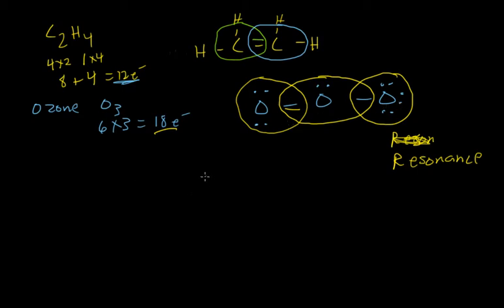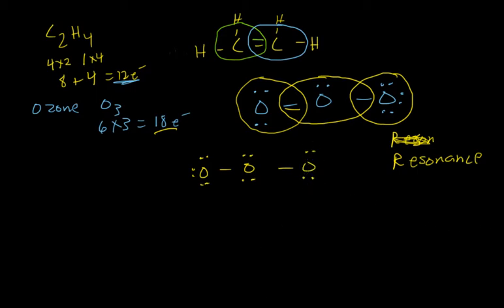So if we start this again, let's say oxygen bonded to oxygen bonded to oxygen. So we still have 18 electrons to play with. So I've got 2 here, 4 here. But this time let's start on the left. So that's 2, 4. So we'll go 6, 8, 10, 12, 14, 16, and 18.